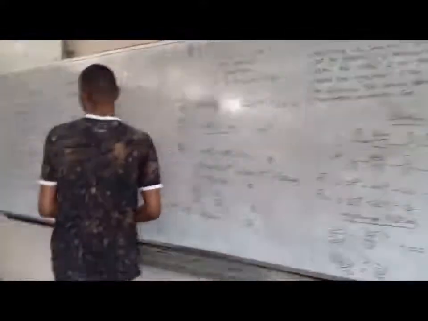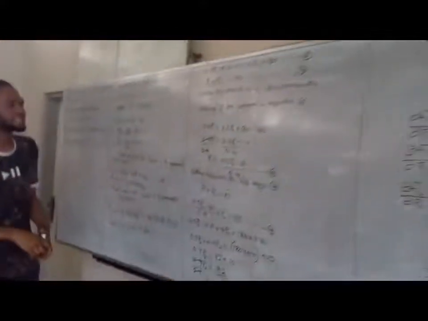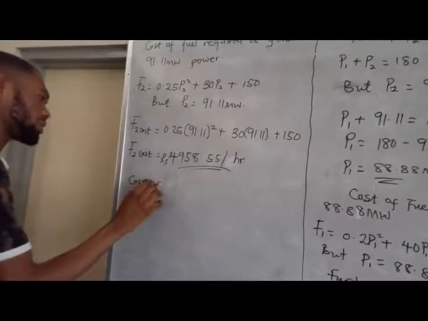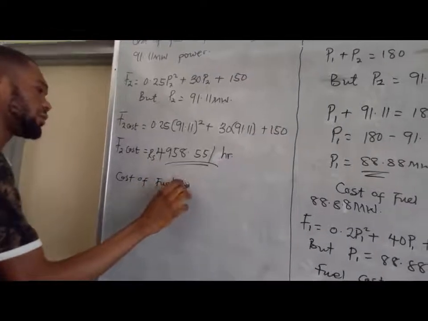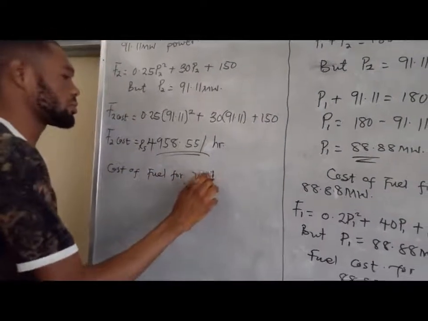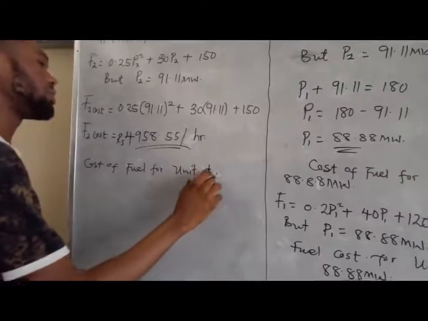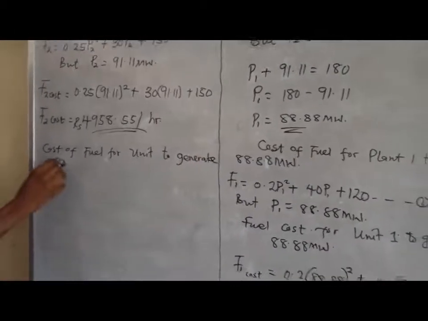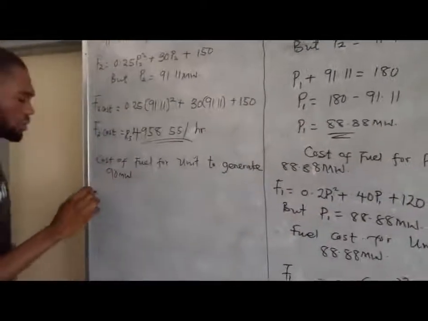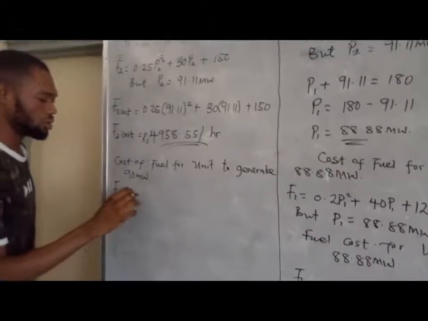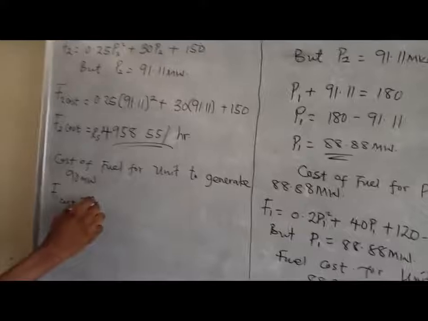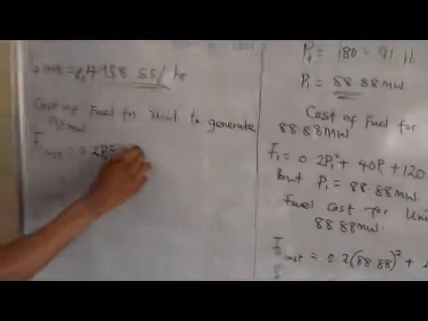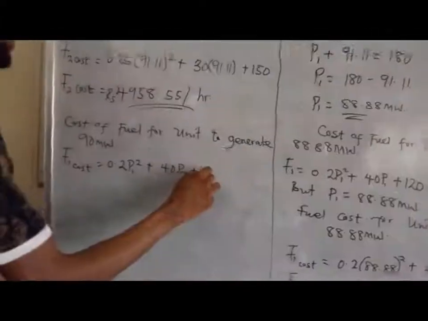So let's see how much it will cost us to generate 90. The cost of fuel for unit 1 to generate 90 megawatts will be F1 cost, which equals 0.2 P1 squared plus 40 P1 plus 120.